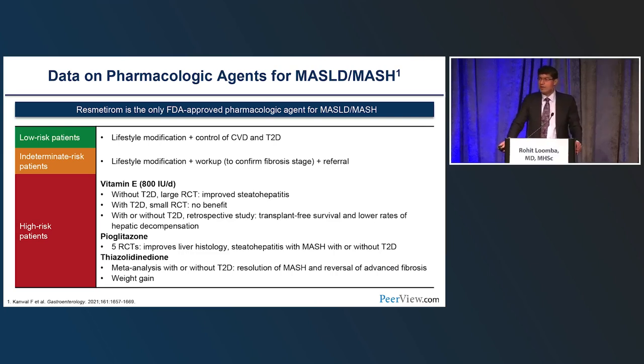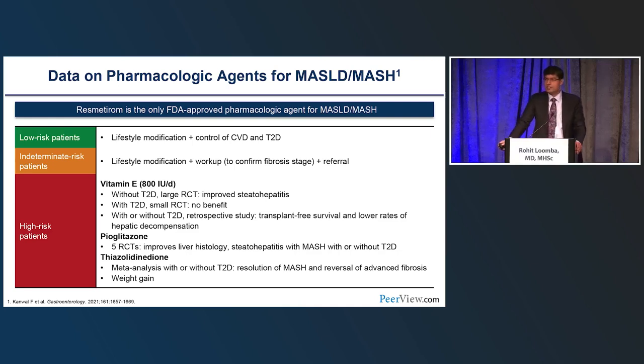Currently, resmetirom is the only FDA-approved pharmacologic therapy for treatment of MASH-related fibrosis in patients who have stage 2 or stage 3 fibrosis. For patients with cirrhosis, no pharmacotherapy is indicated currently.